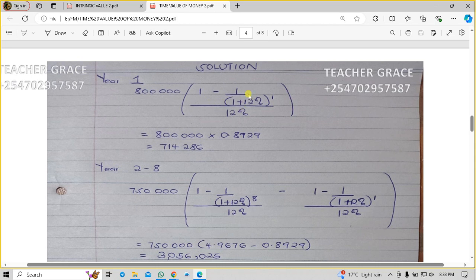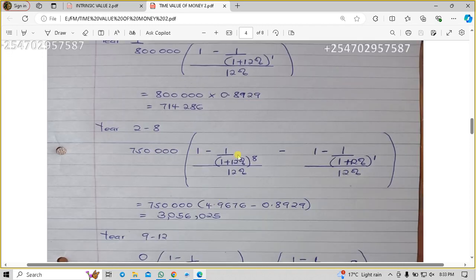So I think what we should change here, yes? So when it comes to several years, we are going to use this formula. Year 2, 3, 4, 5, hivyo. So that we can get what we call PVAF. It is called present value of annuity factor.